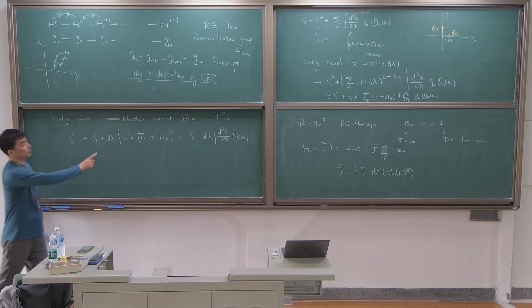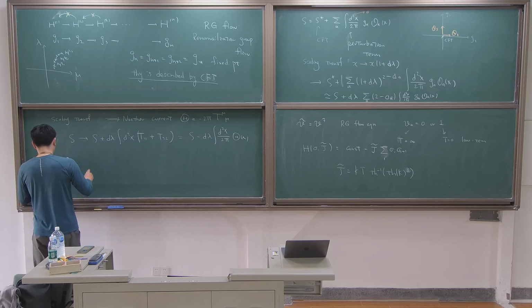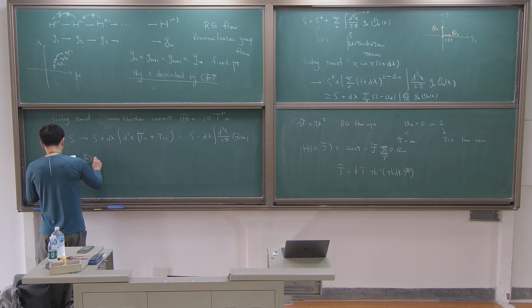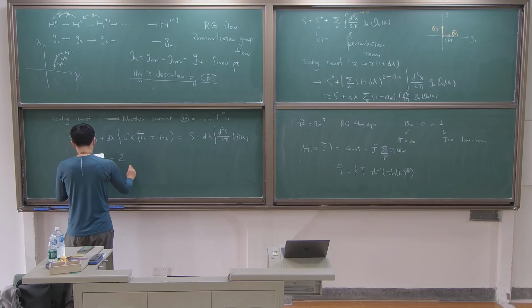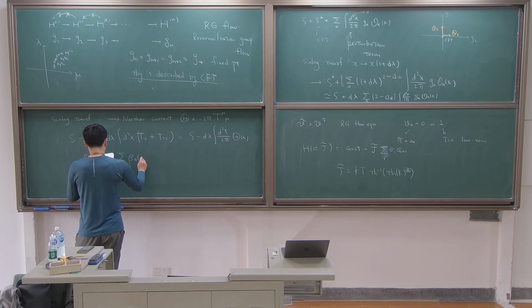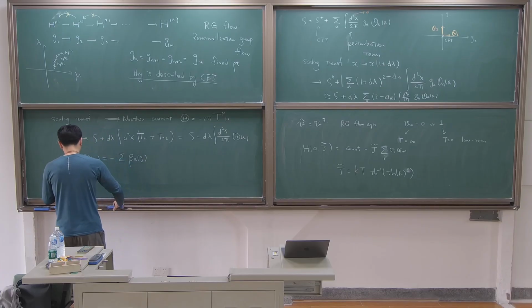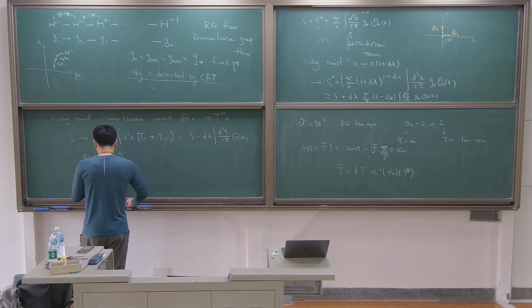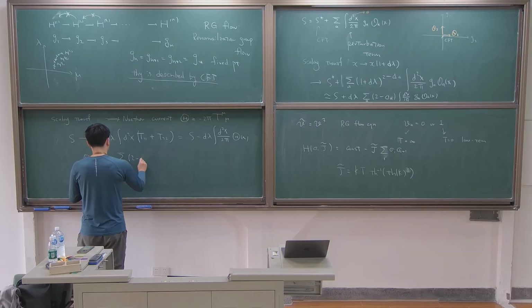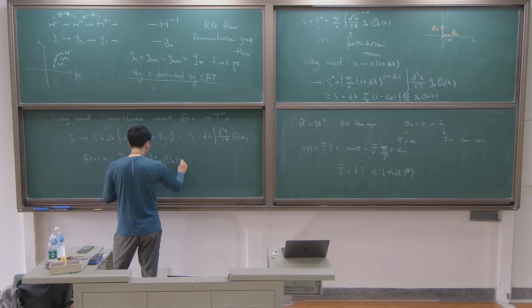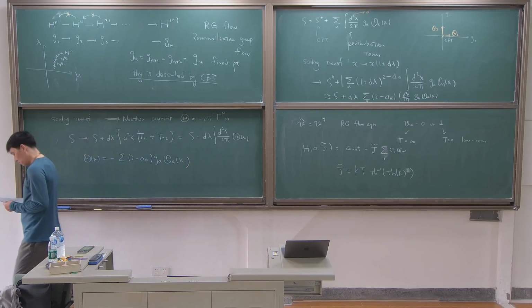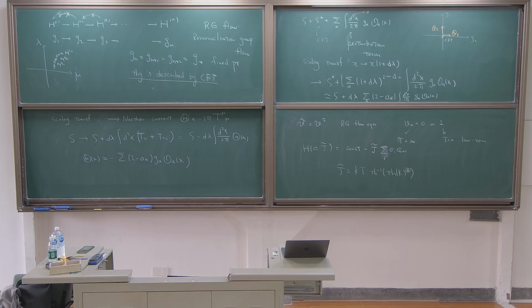So if you compare between these two, you will realize that Theta of x is equal to minus (2 minus Delta_A) g_A. Maybe I should write it down this way. That's how it works.